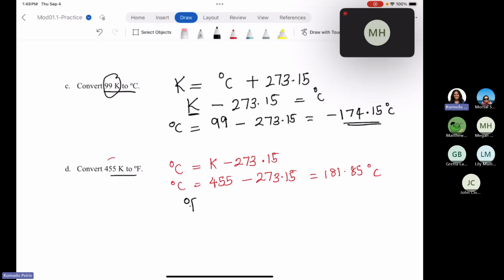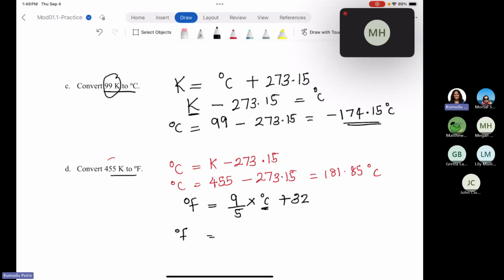The conversion factor between Fahrenheit and degrees Celsius will be 9 divided by 5 times degrees Celsius plus 32. Okay, now we'll plug in the value that we obtained for degrees Celsius.